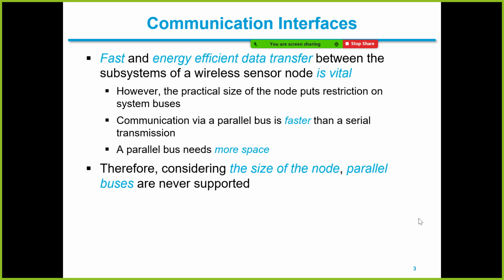It's hard to use parallel communication, because parallel communication requires a larger size. So basically, we use serial transformation here, for the communications among subsystems of a wireless sensor node.